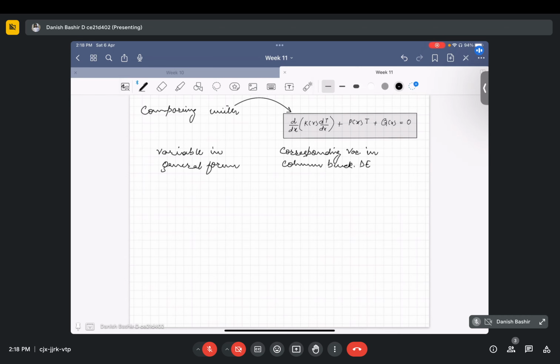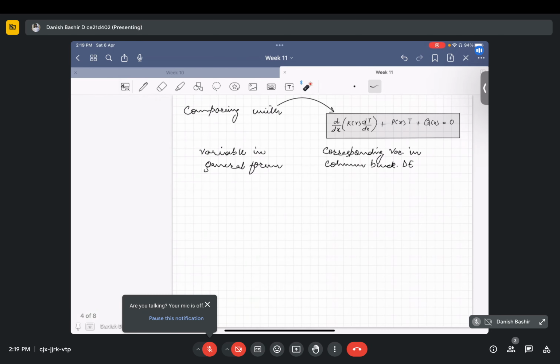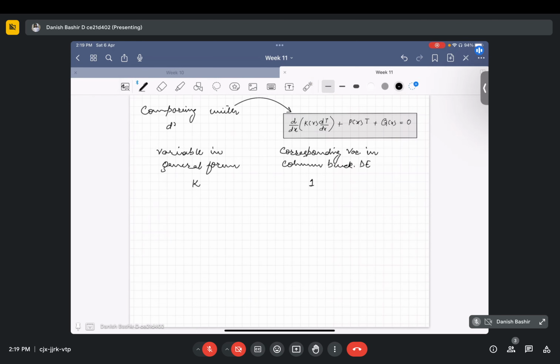If you clearly look at this, k is equal to 1 here, because it's 1 times d2y by dx square, and it is k times d2t by dx square. So k is clearly equal to 1. What we are actually comparing is d2y by dx square plus P by EI times y equal to 0 with the general equation, to get the values of k, p and q.